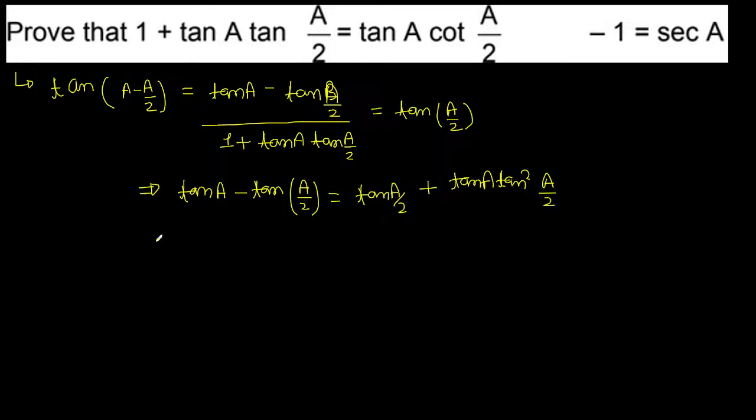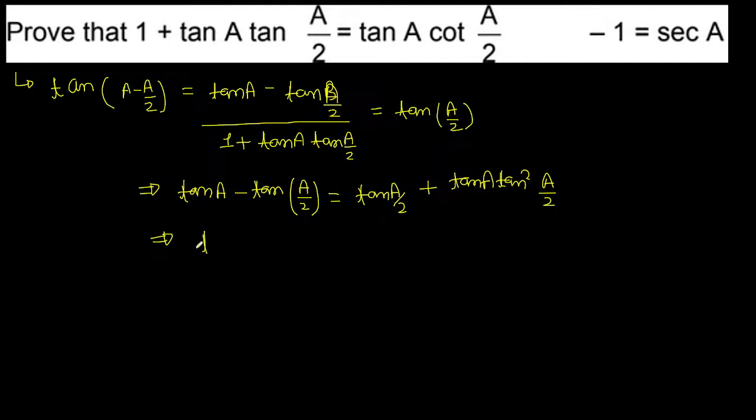Okay, I am looking at this question, just trying to solve it. How could it work? Cot will be 1 by tan a, so tan a minus tan a by 2 will come. We will divide by tan a by 2 on both sides.